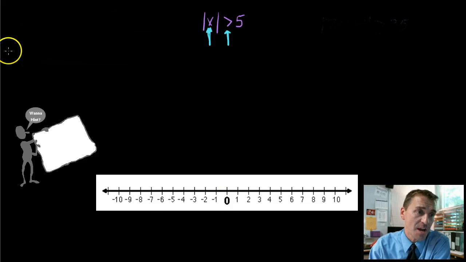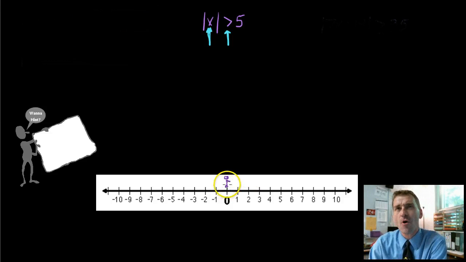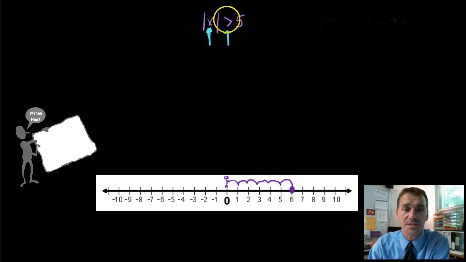So again, if I'm standing right there on the number line at 0, I want to know how far would I have to walk to be a bigger distance, greater than 5 from 0 on the number line. Well, that means I have to walk 1 mile, 2 miles, 3 miles, 4 miles, 5 miles. I'd actually have to walk over the 5-mile mark and maybe get to 6. There's one that is a bigger distance than 5.